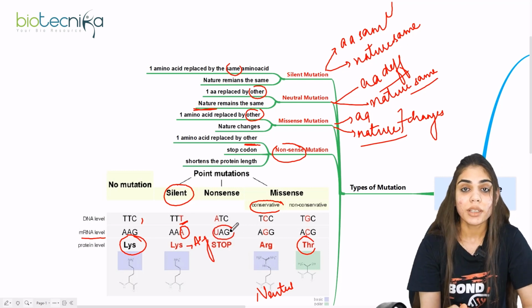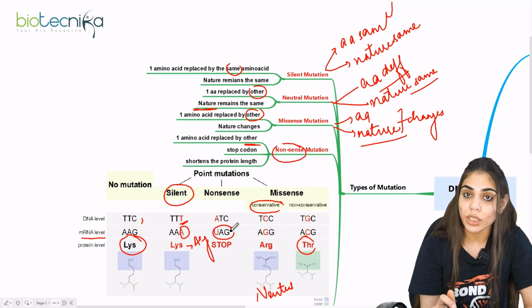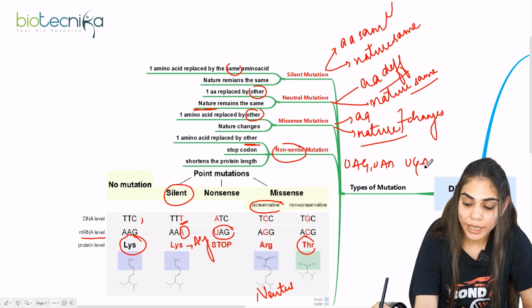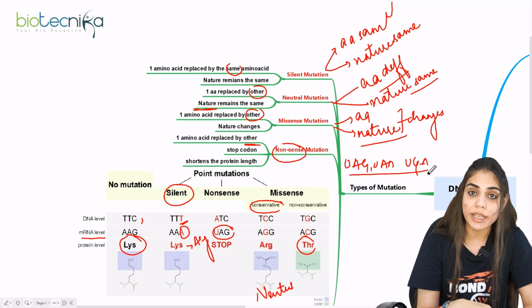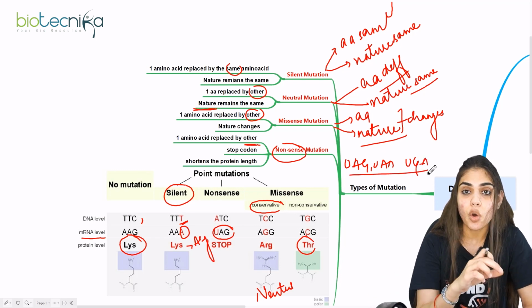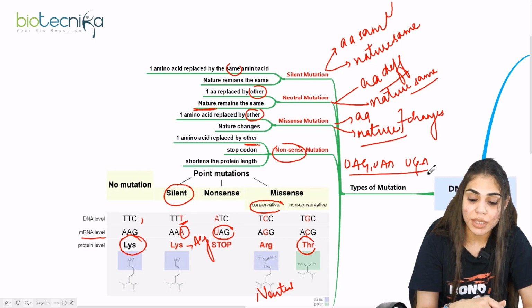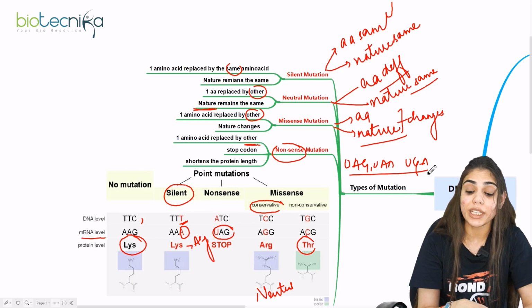As we all know, there are three types of stop codon: UAG, UAA, as well as UGA. If any of these codons is incorporated in the open reading frame, that will stop the protein synthesis process and it will shorten the protein length.